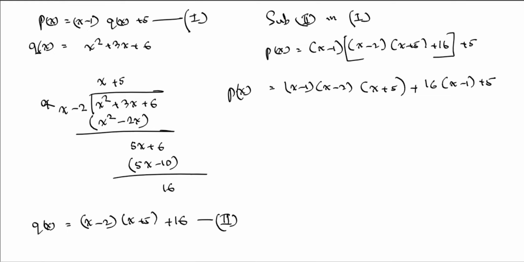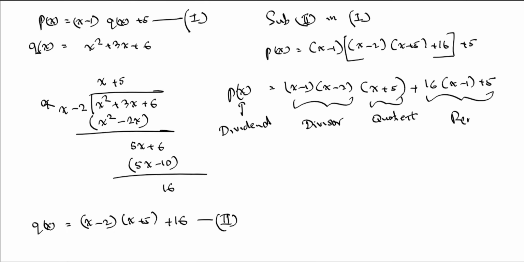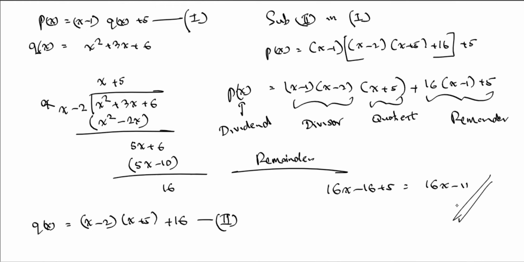Then this is the dividend. They are telling p(x) is divided by this, so this is the divisor. This is the quotient. We don't really care about the quotient, and this is the most important part we want, the remainder. So the remainder is 16x minus 16 plus 5, that is 16x minus 11, is the answer. Okay, then we are done with the 2016 A levels.